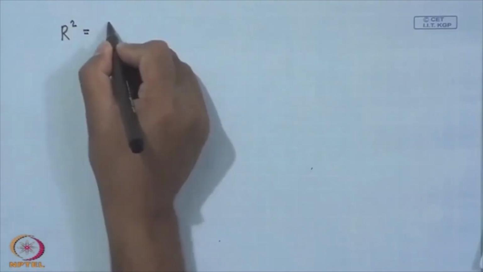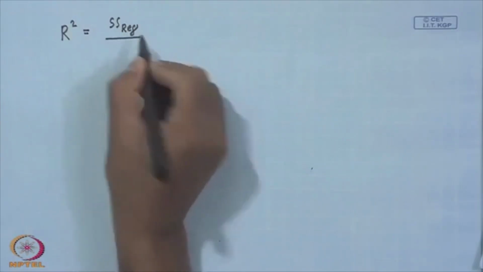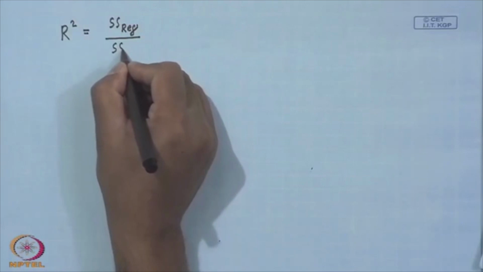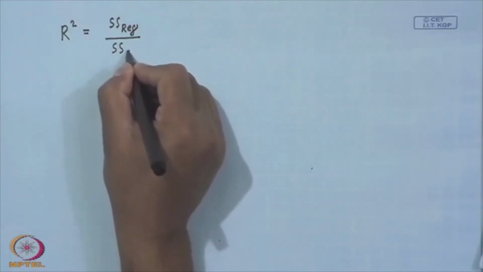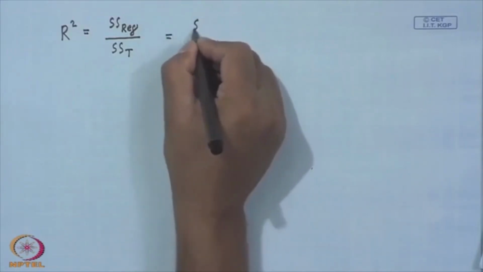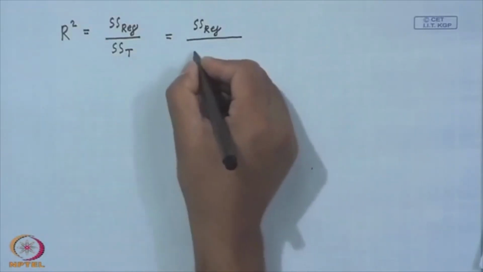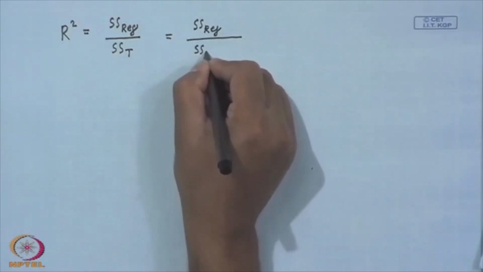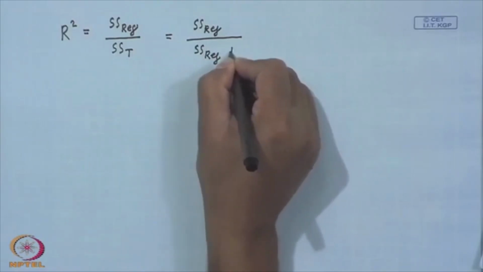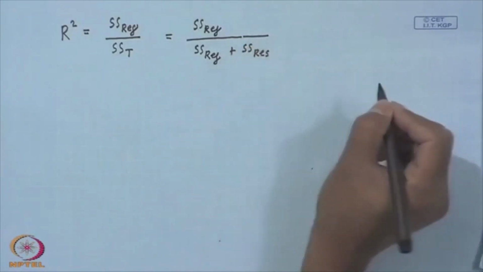So, R square, which is equal to SS regression by SST, that I can write as SS regression by SS regression plus SS residual, since SS total is equal to SS regression plus SS residual, right.